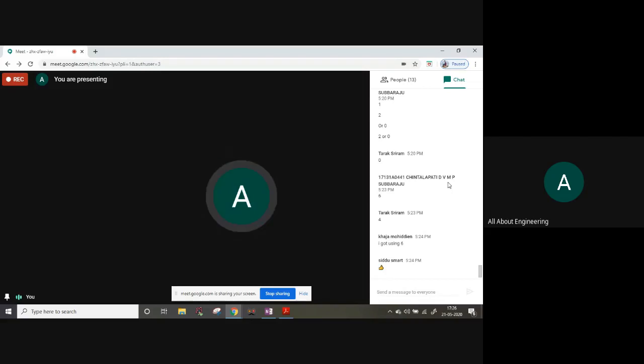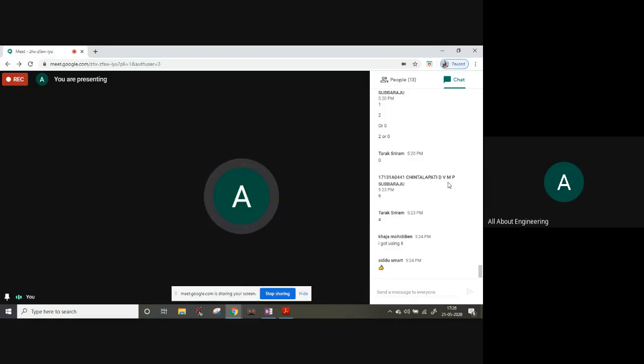Siddhu, make it quick. Mohiddin and Subbu, why don't you try to shrink that design into an efficient design by using just 4 gates?